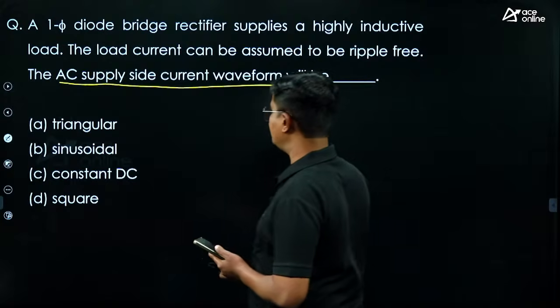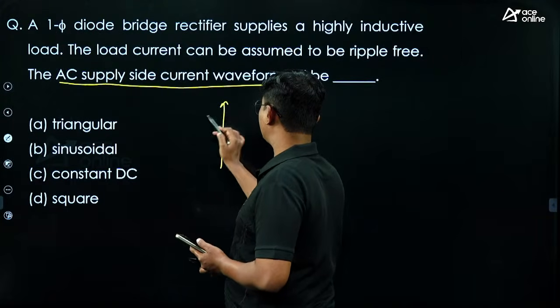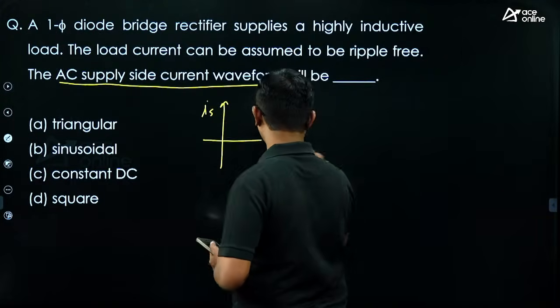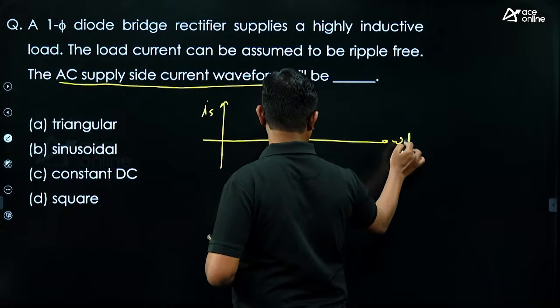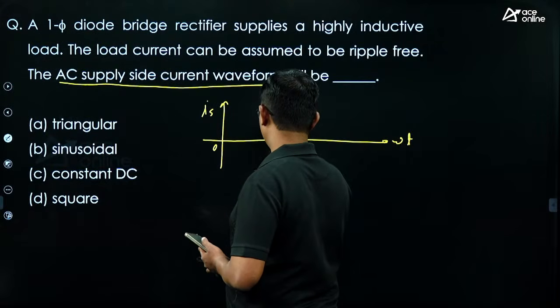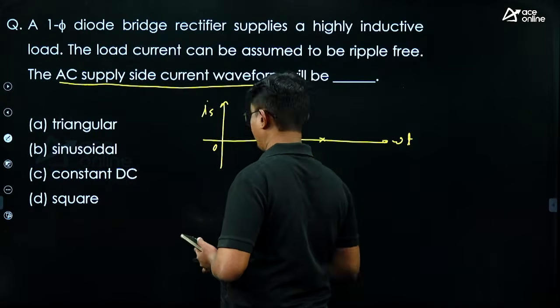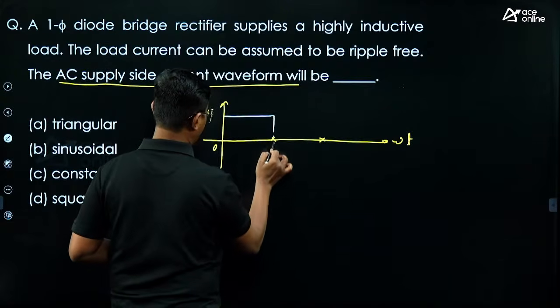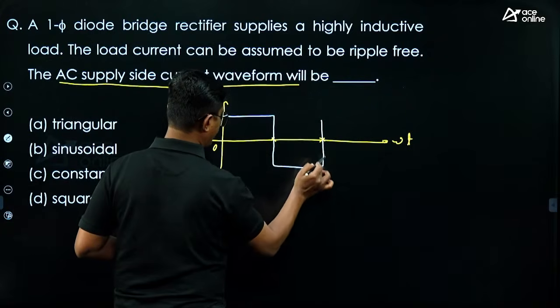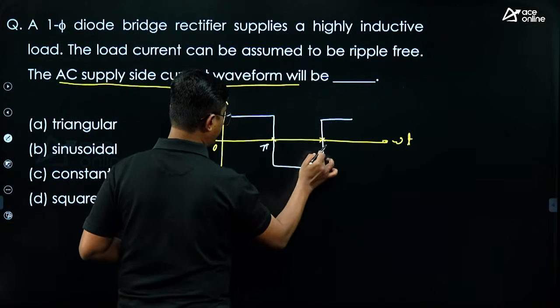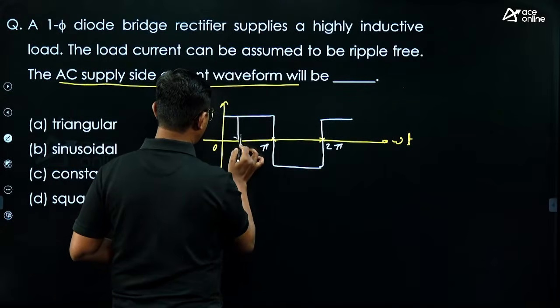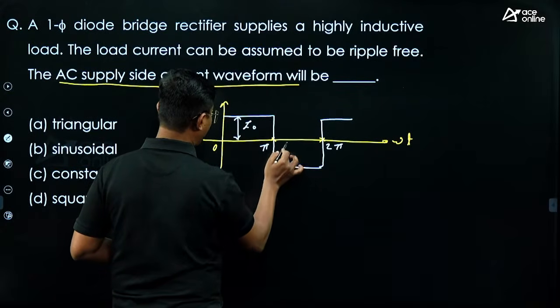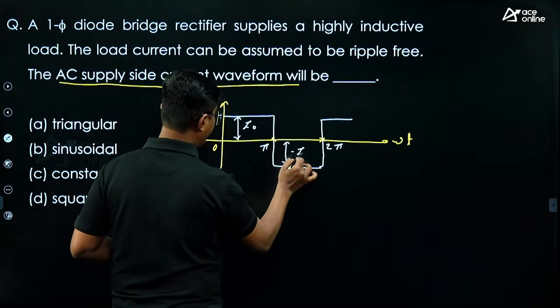And if I put alpha 0 degree, my supply current waveform is like this, from 0 to pi, pi to 2 pi, and so on. Load current is constant, but supply current we are getting is a square function.